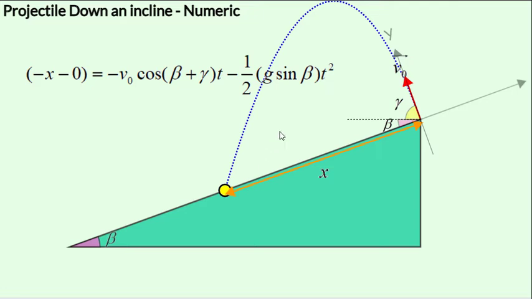These values are now plugged into the second equation of motion along the x direction, and this is our first equation. Let's do the same for the ball which slides down.